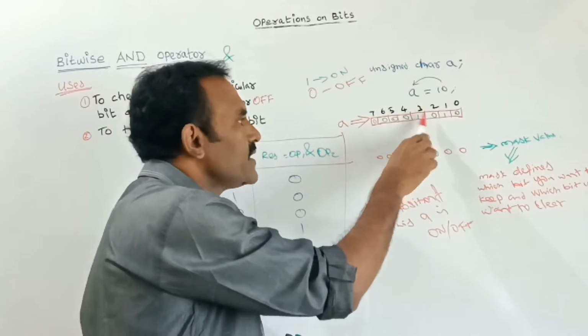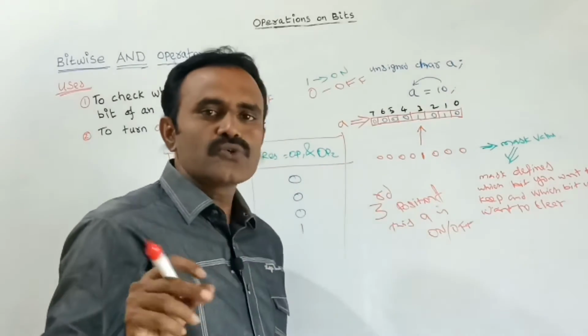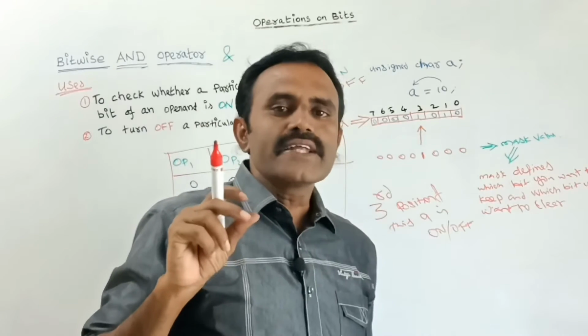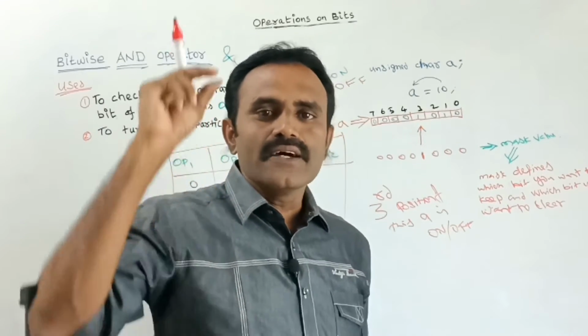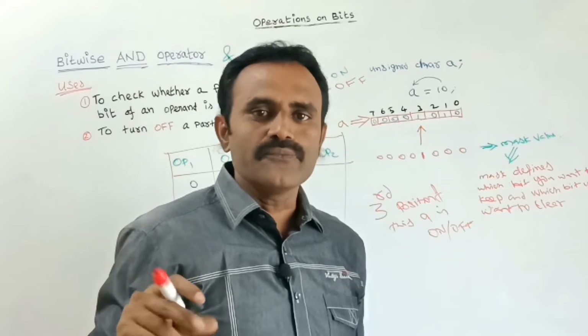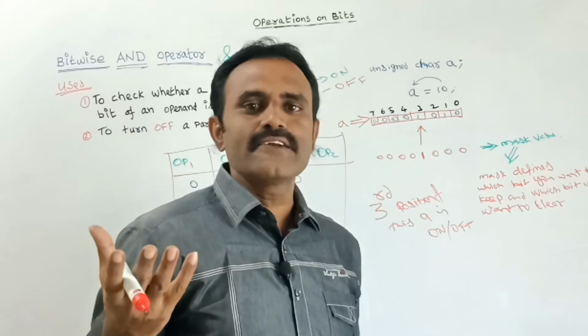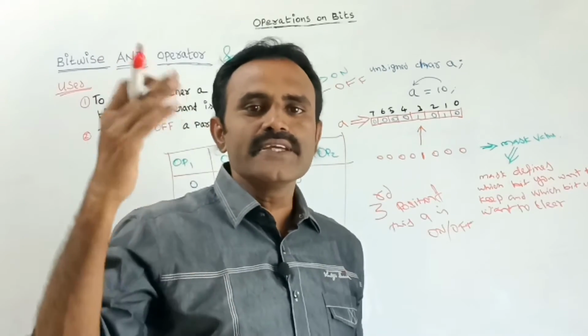If the third position has the value 0, then the result will be 0. So by using this condition, if the result is equal to 0, then the operand's third position value is 0. If the result is not equal to 0, then the operand's value at that position is 1.